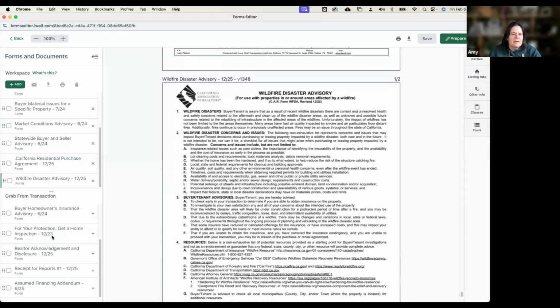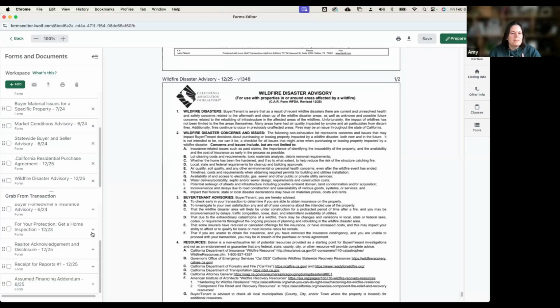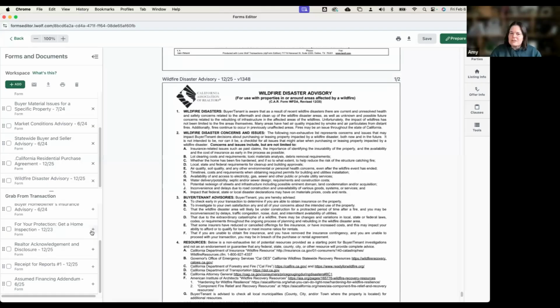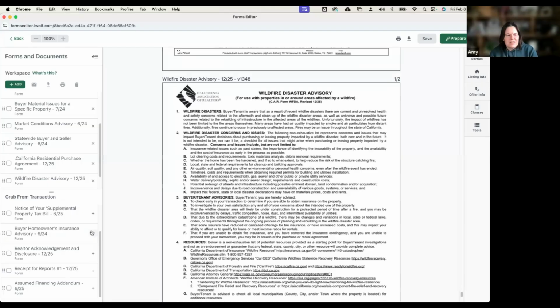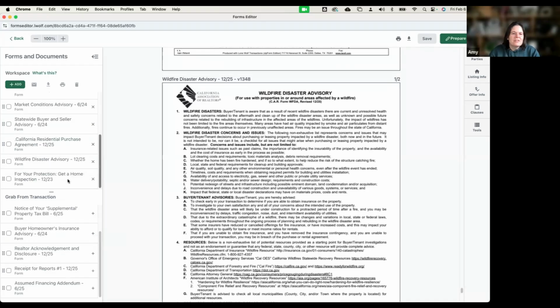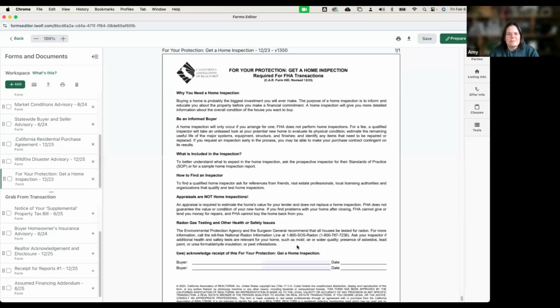The other form is the For Your Protection, Get a Home Inspection form. Now this would get marked. It's usually included on our VA and our FHA purchases, but there's no reason that it shouldn't be included on our regular conventional home purchases as well. It talks about that, hey, for your protection, you should get a home inspection. Again, it's required for FHA transactions, but it can be signed by everyone.